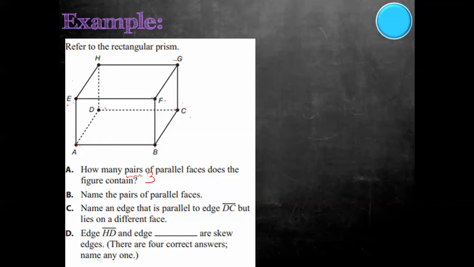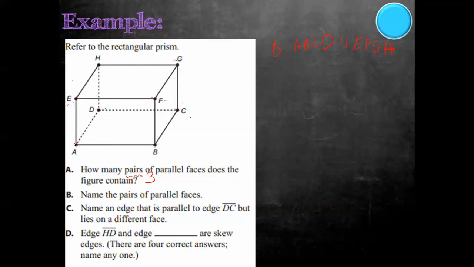We've actually named these already, but I'll go ahead and write them down for you. For the first, we have ABCD, the bottom face, is parallel to EFGH. That was our top and our bottom.